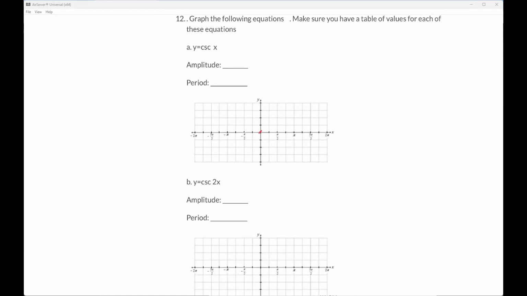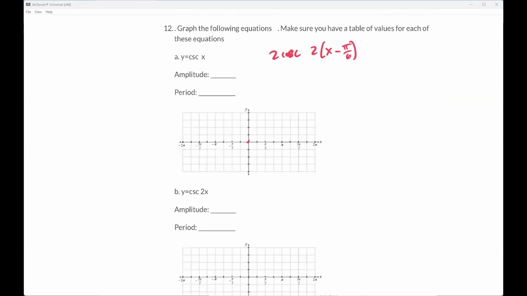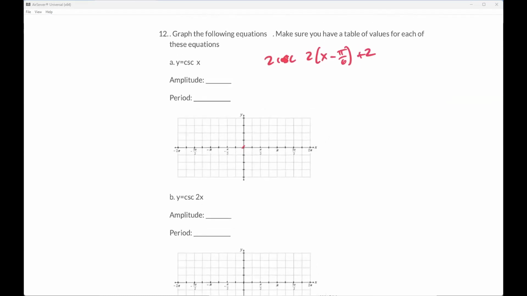So you might want to graph something like 2 cosecant of, I don't know, x minus pi over 6 or something like that, plus 2. Okay, so just be aware of that. I'm probably going to do something like that.